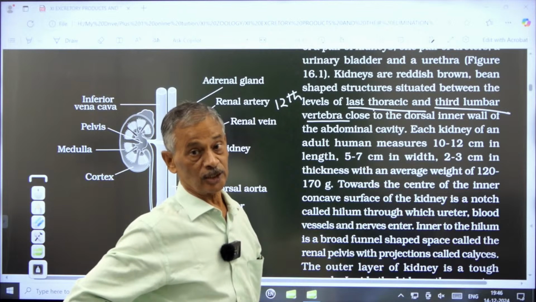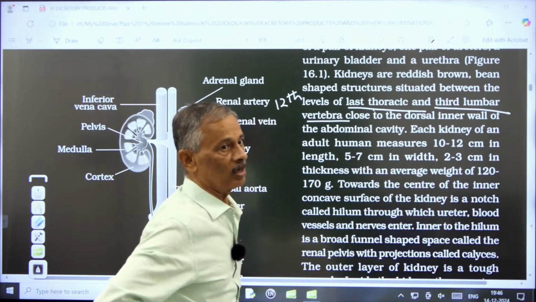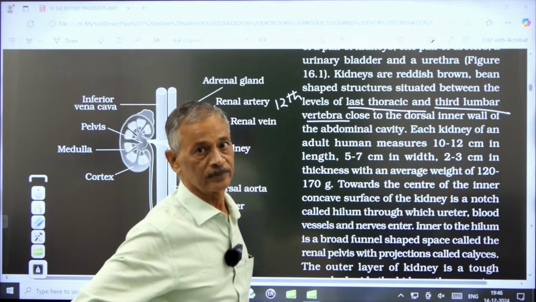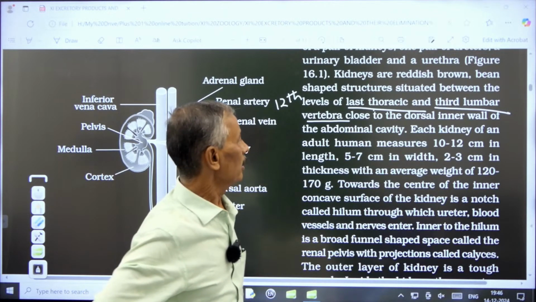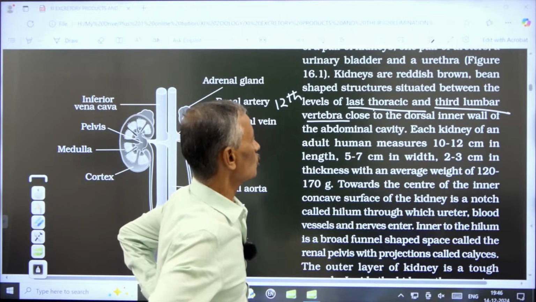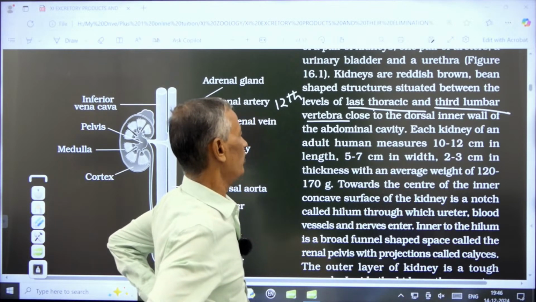They are connected to the abdominal wall by means of ligaments. That's how they are kept in position, close to the inner wall of the abdominal cavity.